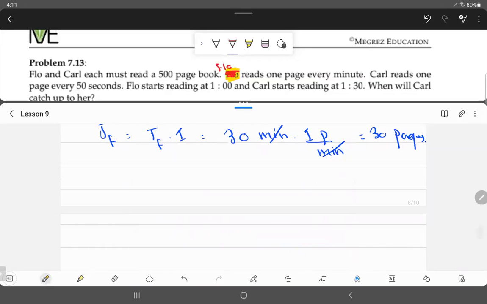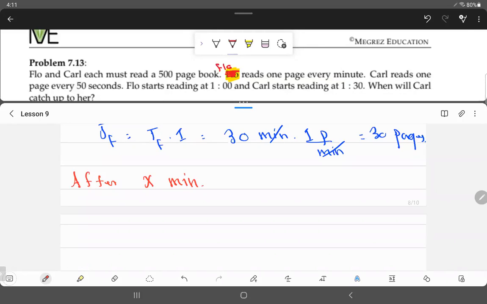Now, after, let's say, X minutes, now we are talking about 1:30. They both will, one will continue, the other one is going to start from scratch, okay?